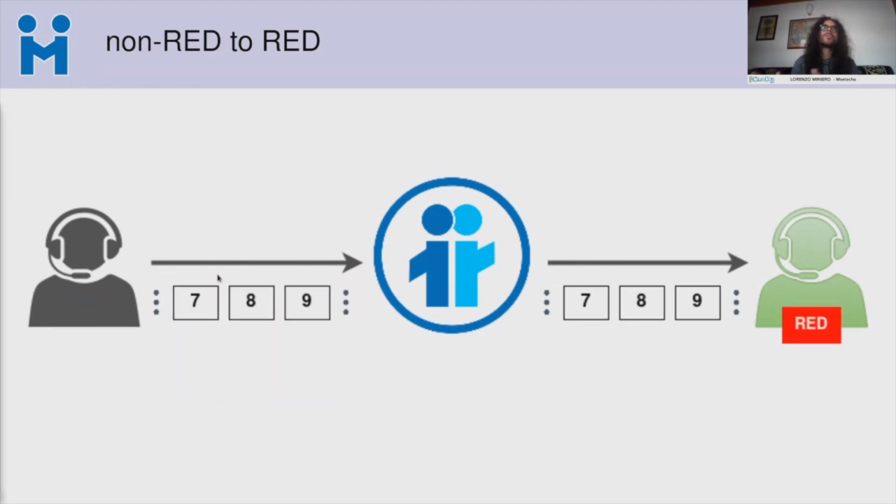For non-RED to RED, we can actually do a couple of different things. On one side, we could just send the packets exactly as we receive them, which means no work at all for Janus, but also means that even if this endpoint supports RED, we are not taking advantage of the audio redundancy functionality, so if a packet gets lost, they cannot recover it from the traffic that we send.